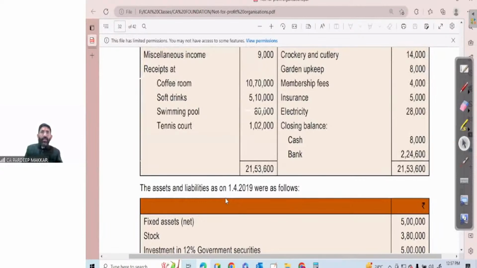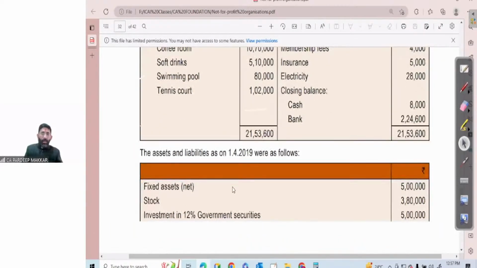Because if you check it out properly, then amount of rupees 5 lakh into 12%, that is 60,000 should be received during the year, because this is on opening date.